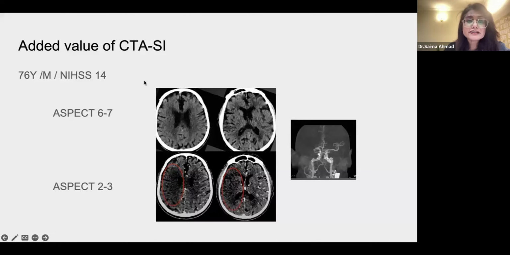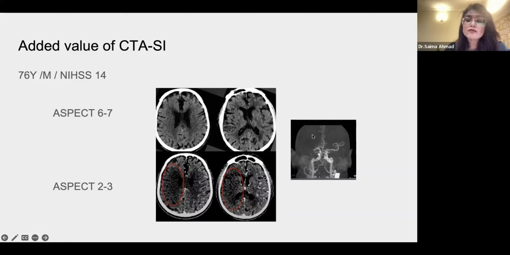And similarly, this is another example in which the patient comes with an NIHSS score of 14, and you can see that there is a large white matter disease. So it is very difficult to pick up the hypoattenuation or the early ischemic changes in this CT.